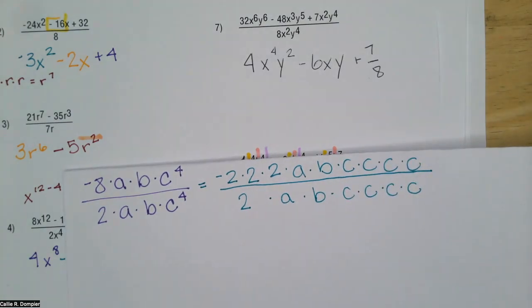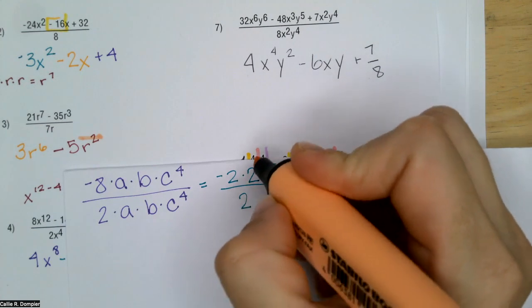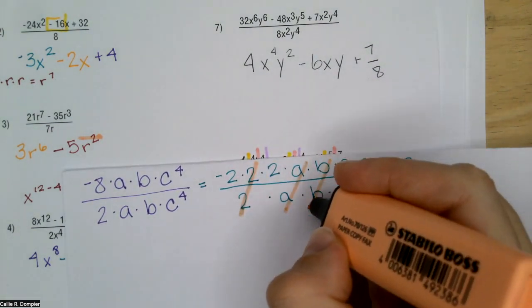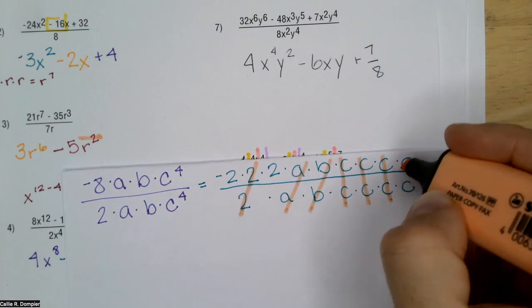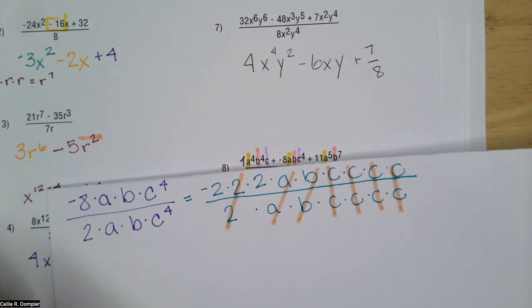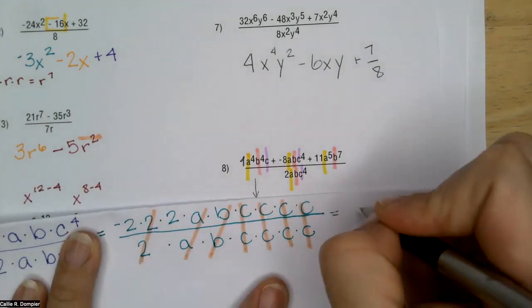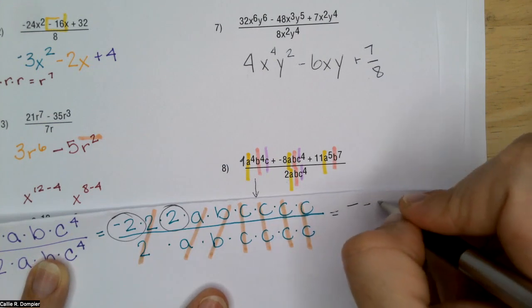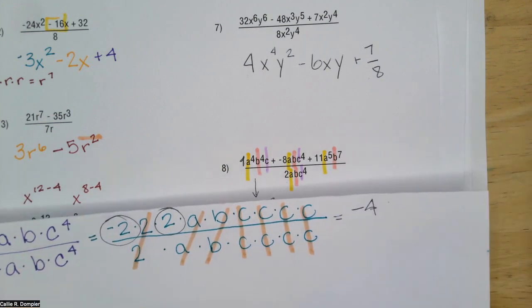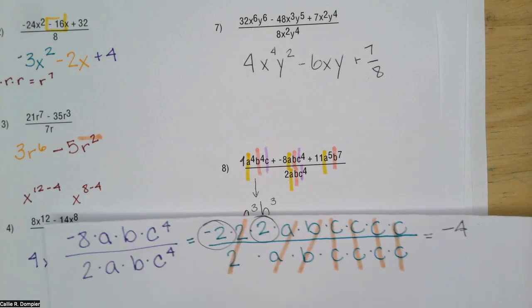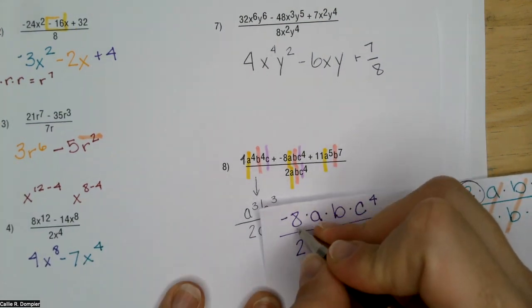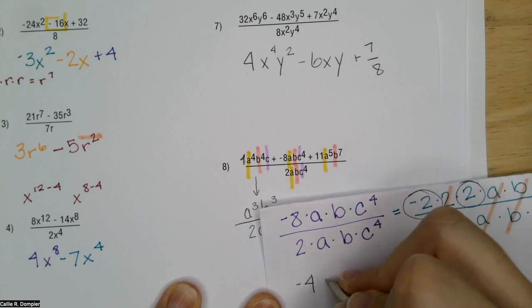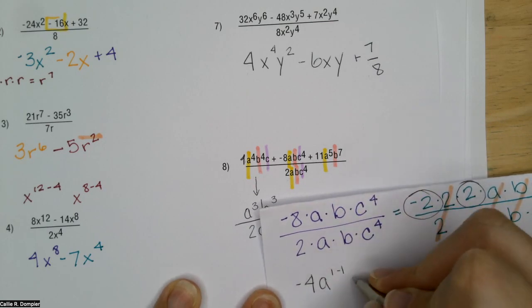Now I'm just going to cancel things. Don't cancel it with the negative 2. Pick a different 2. That cancels, that cancels. Those cancel. So that becomes negative 2 times positive 2, which is a negative 4. Right? Or we say negative 8 divided by negative 2 is a negative 4. A divided by a is just a to the power of 1 minus 1.